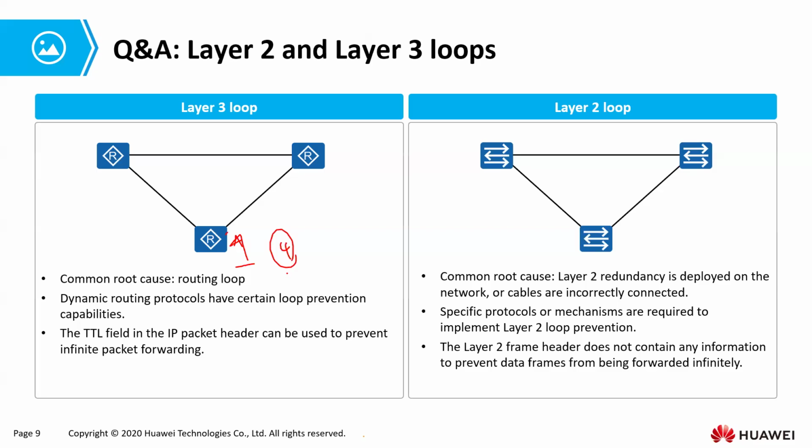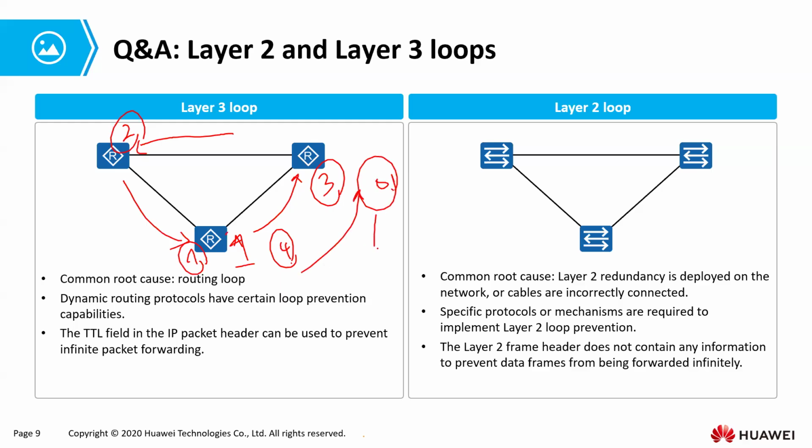Every time I end up on the next router, this number decreases: 3, 2, 1, 0. When it reaches 0, that packet gets dropped. If that packet gets dropped, it means we no longer have a loop. We have basically broken the loop because of the TTL field.